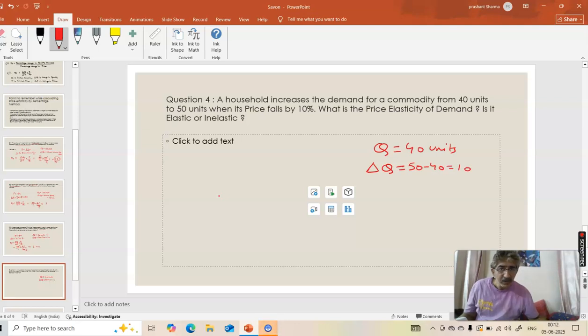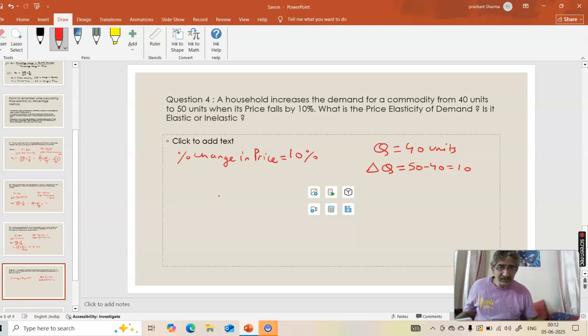When its price falls by 10%, the percentage change in price is given, that is 10%.